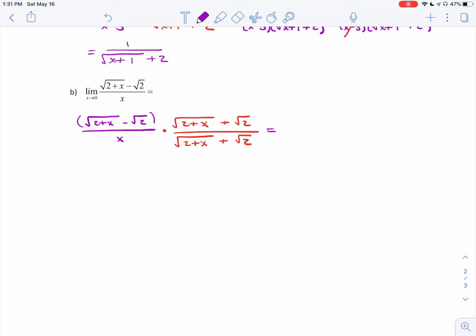All right, I'm going to FOIL at the top. So square root of 2 plus x times square root of 2 plus x is just 2 plus x. Our middle terms cancel out, and then square root of 2 times square root of 2 is just 2, so minus 2. And the denominator, I'm going to leave it factored.